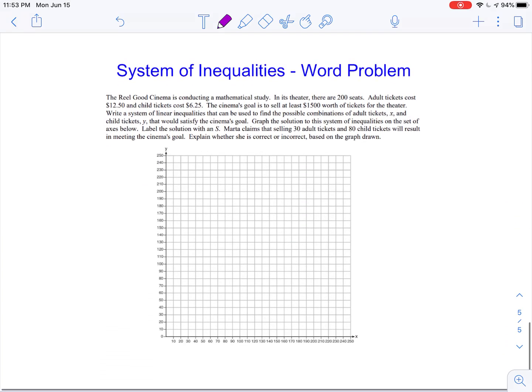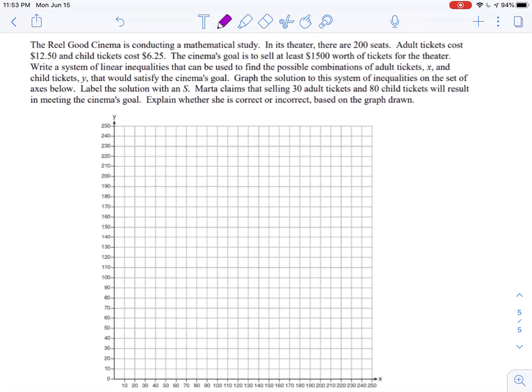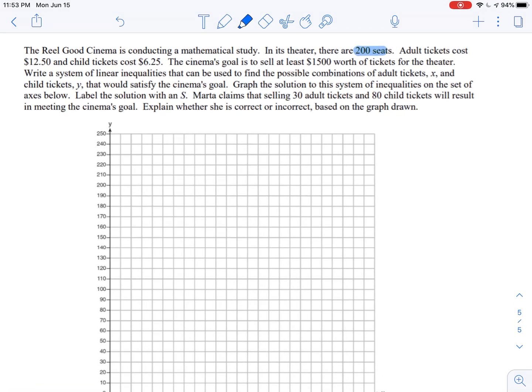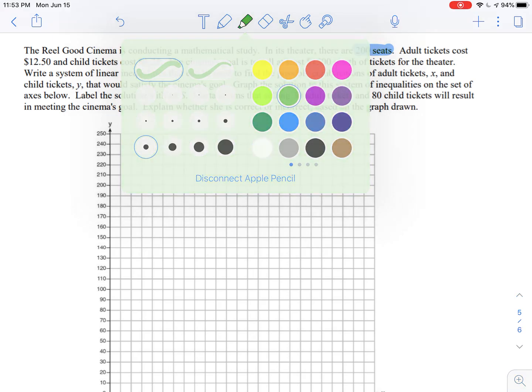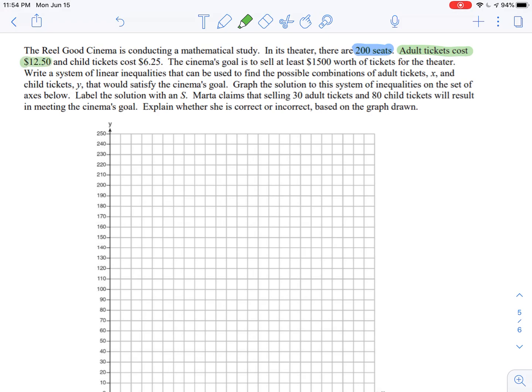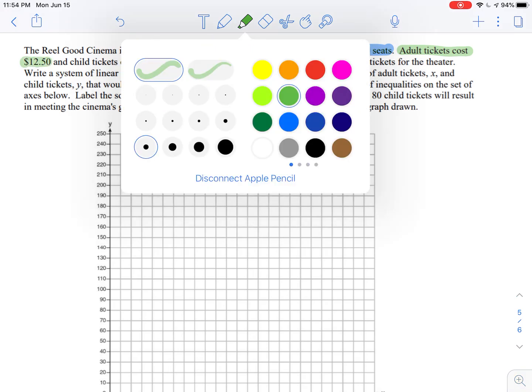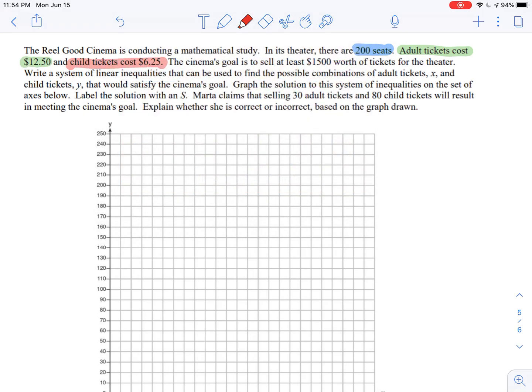Okay. And last but not least, the system of inequalities word problems. Okay, so the important part here is being able to convert the words to equations and then graph them appropriately. So it says, the Real Good Cinema is conducting a mathematical study. In its theater, there are 200 seats. Adult tickets cost $12.50 and child tickets cost $6.25.